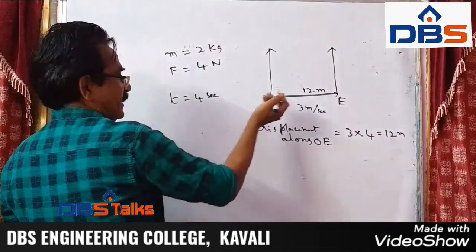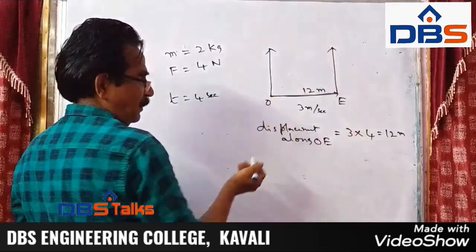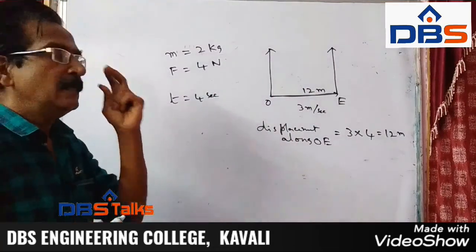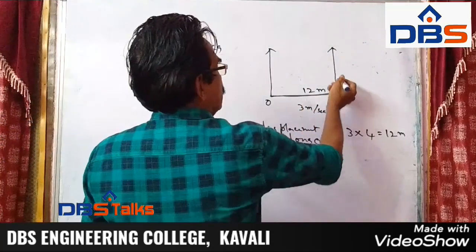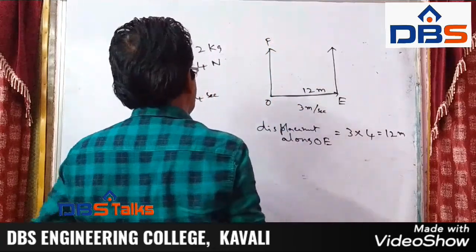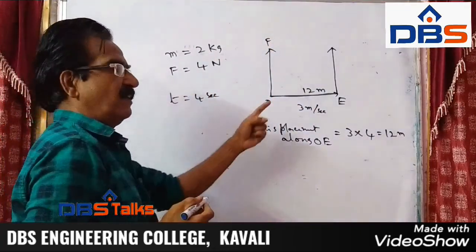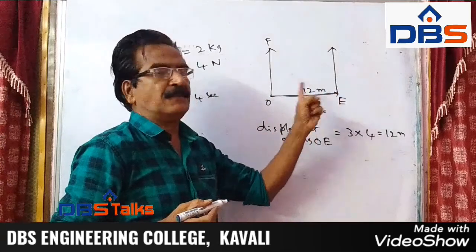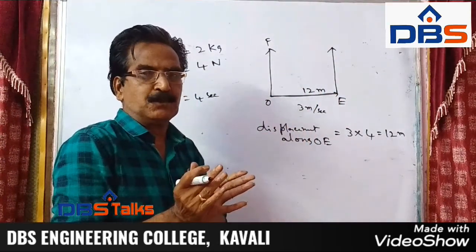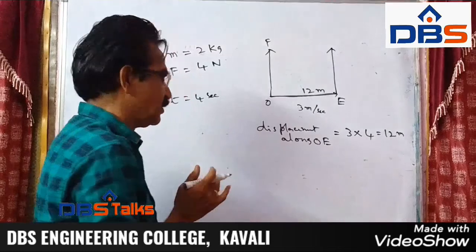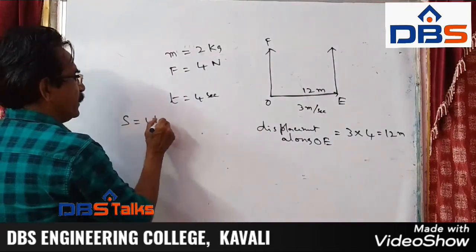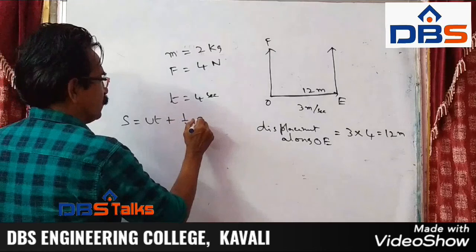So in 4 seconds, how much displacement does the ball have along this direction, say along OF? Here the initial velocity is 0. So the displacement formula you know, ut plus half a t square.